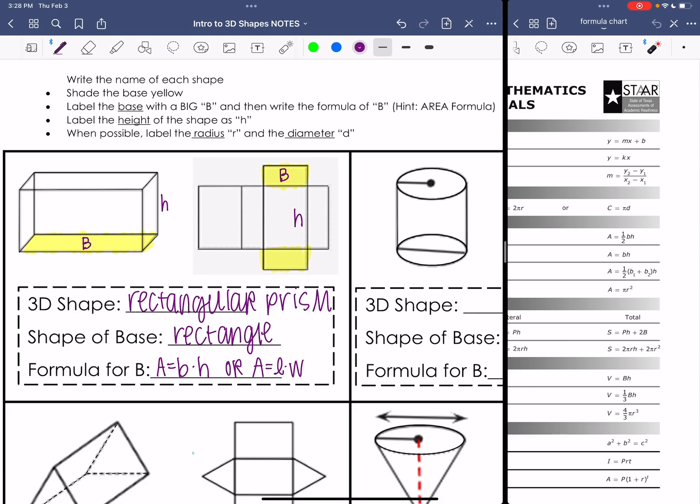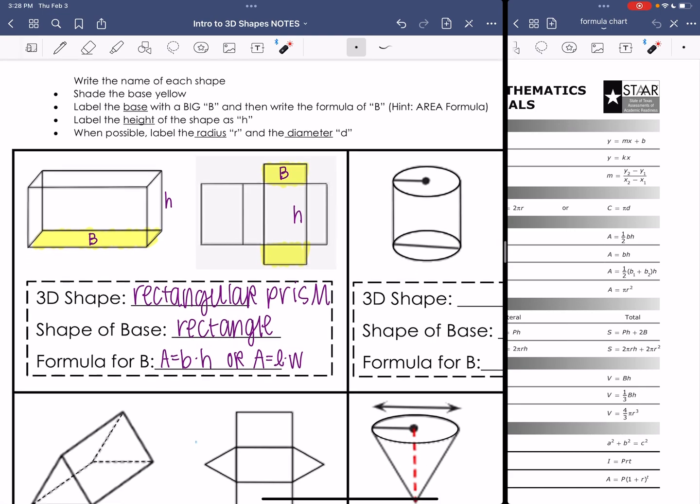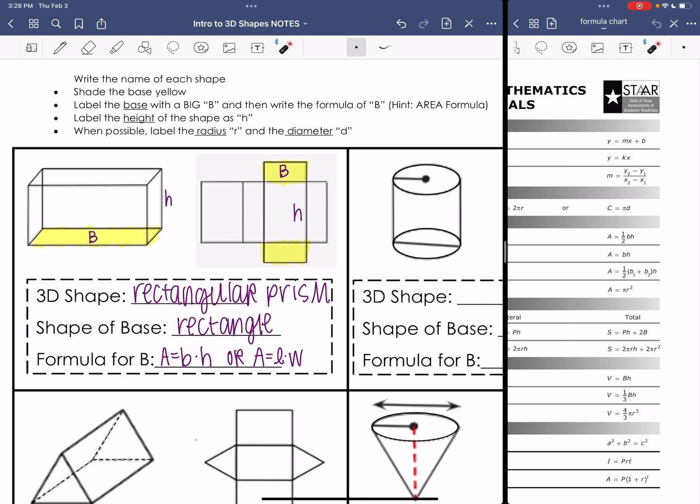And that is typically what I like to use, area equals length times width. That way you don't get confused with the B and the H, because they mean different things when you're finding the area. They don't stand for this B and this H. And again, remember that the area of a 3D rectangular prism's base is always going to be the bottom. That's the most important thing you need to remember here.